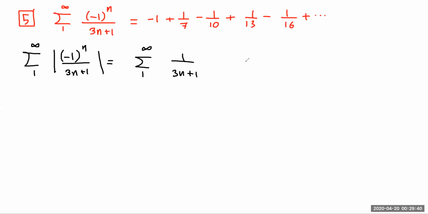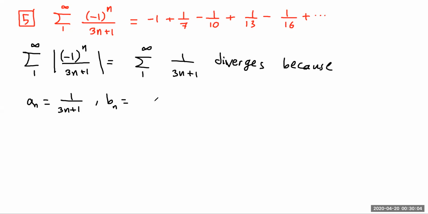And in fact, this diverges because if I use the limit comparison test, I suppose a_n is 1 over 3n+1 and b_n is 1 over n.